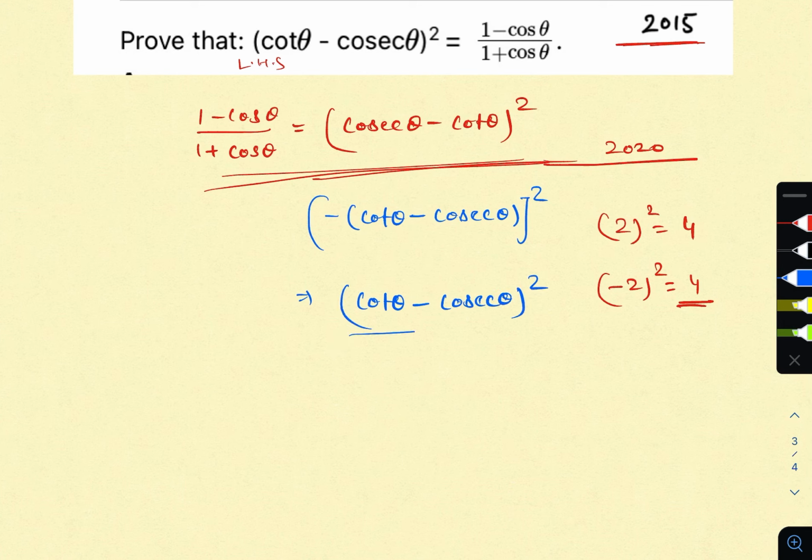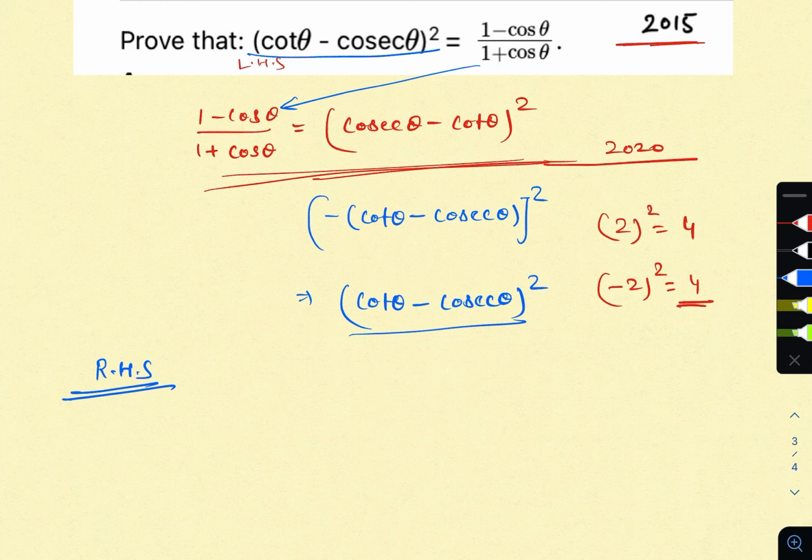So look, this is the left hand side in the question, and the right hand side of the question is equal to the left hand side of the previous one. So this question, especially, you can start from the right hand side also. There is no hard and fixed rule that we should start from the left hand side.